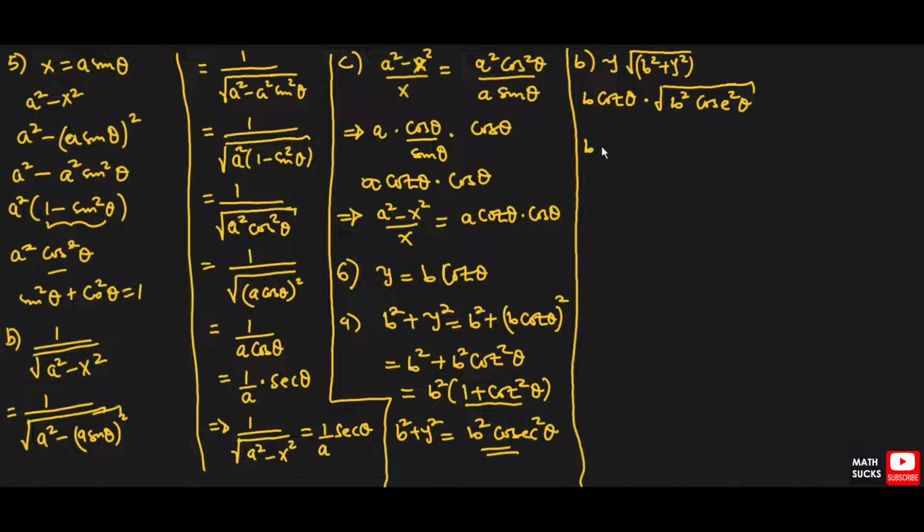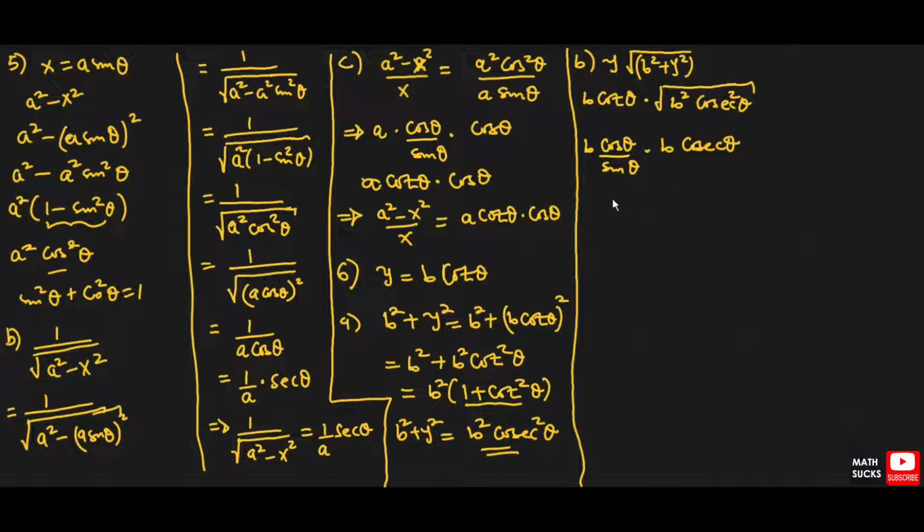When we do that, I can express this in terms of cos and sine, which is cos of theta over sine of theta times the inside part. You can also observe that the squares are going to go with the square root, so that means we have b cosec of theta.